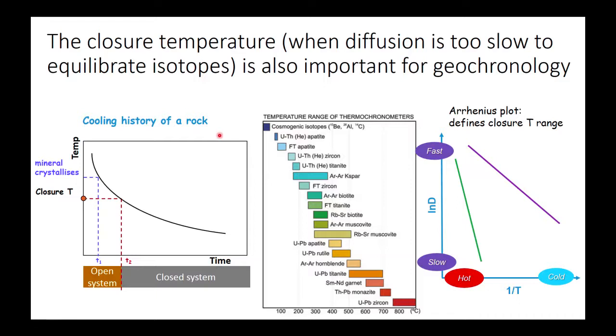At very high temperatures, for instance, if you look at potassium, have we got potassium argon here? We've got argon, so that's basically potassium argon dating. At very, very high temperatures, you might form a mineral, a biotite or a feldspar, but if the mineral stays very hot after it's formed, then the argon that's being produced by radioactive decay will just diffuse out of the mineral.